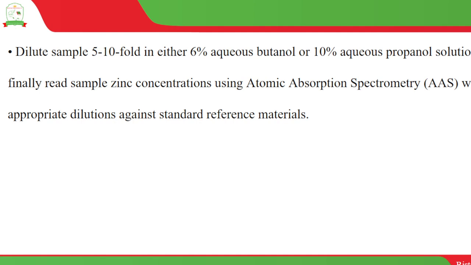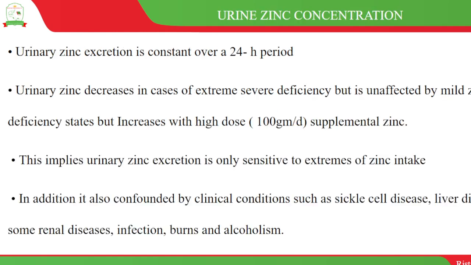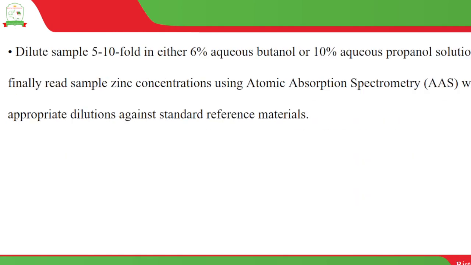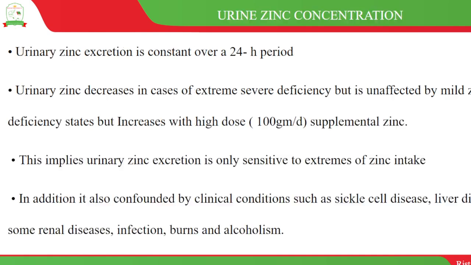You use 6% aqueous butanol, or 10% aqueous propanol solutions, and then you can finally find out the concentration using this method of atomic absorption spectrometry.